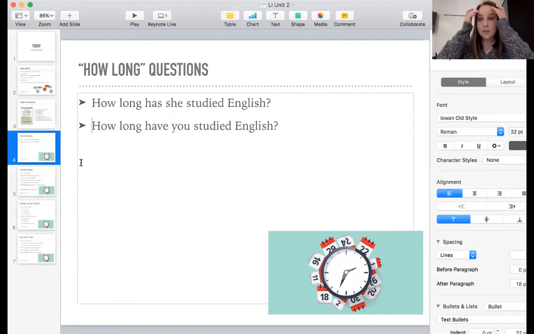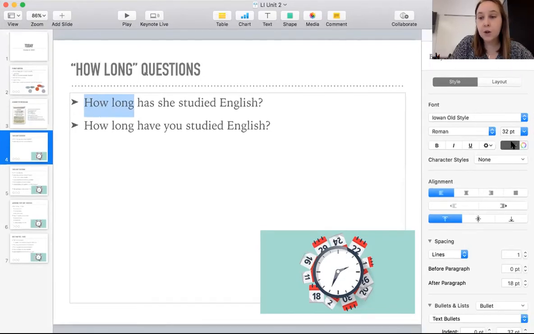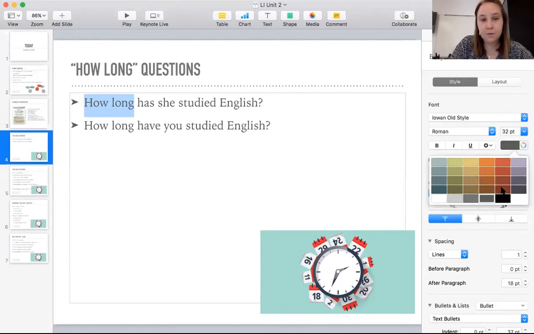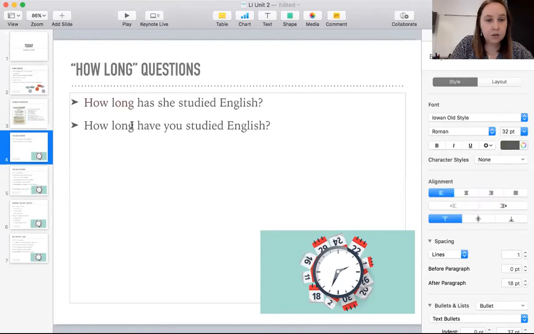Okay, so when we're thinking about this, I want you to think about breaking it up into pieces. The first piece is the question word, how long. Then we're looking at this second part.